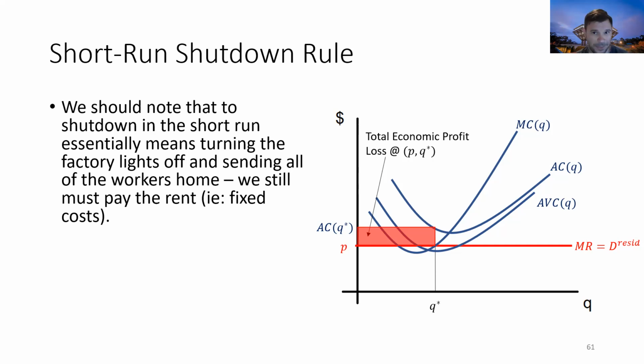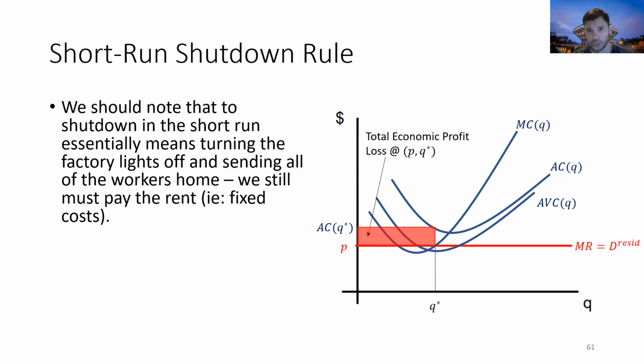Now, I want to think about the benefit of shutting down. If we shut down, what are we saving ourselves? I don't have to pay wages. I like that. Wages are a type of which cost? Yeah, they're variable.